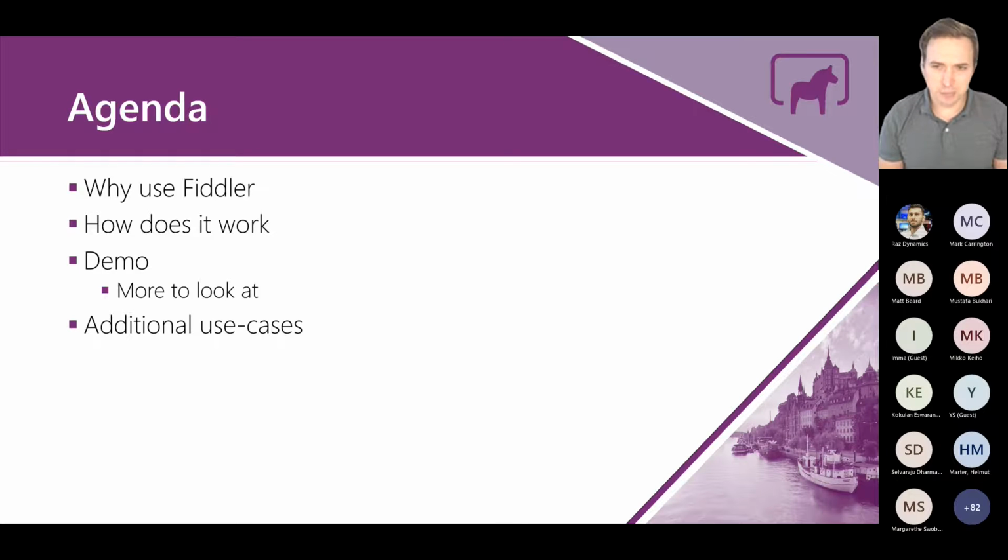The demo will be the biggest part of this presentation, and then at the end, I want to mention some more additional use cases you could do over just standard JavaScript web resources. During the demo, we will look not just at Fiddler, but other stuff as well. I have a different slide for that later.